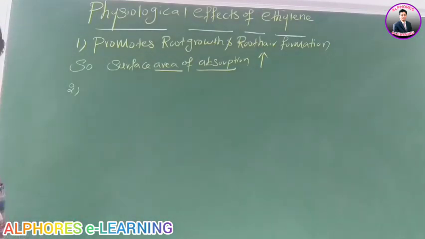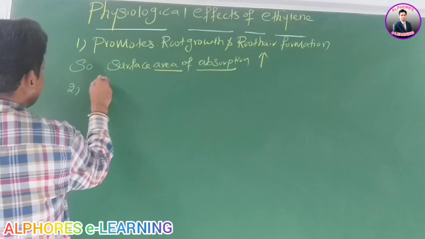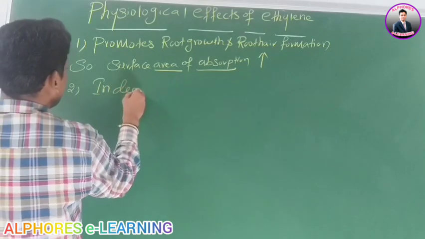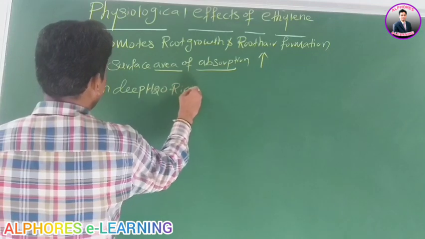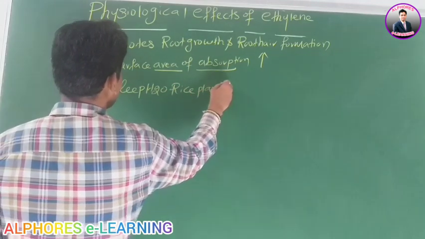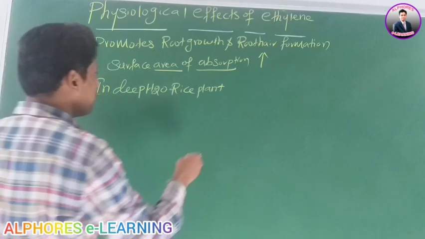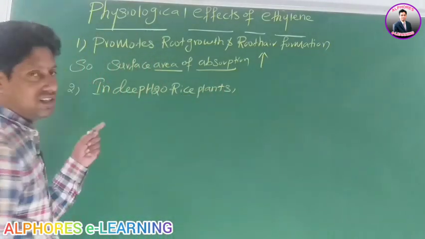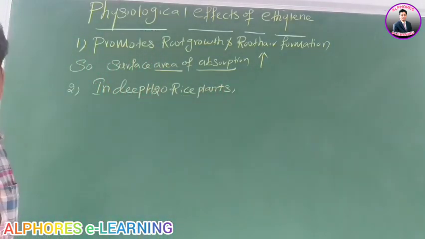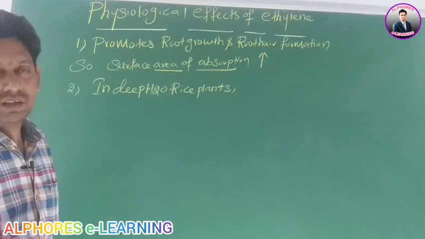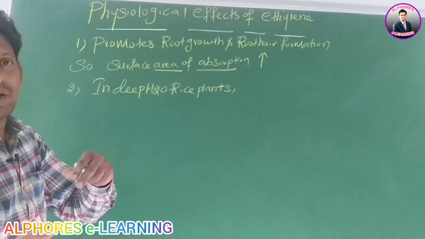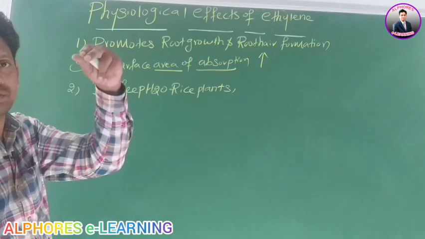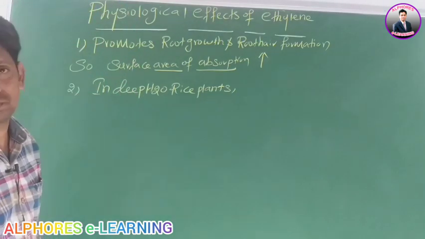In deep water rice plants, sir, rice, Oryza sativa, right? In deep water rice plants, this ethylene elongates the internodes of the stem. If internodes of the stem elongate, the upper part of the shoot system comes to the water surface.